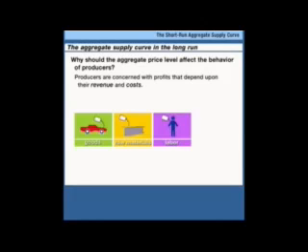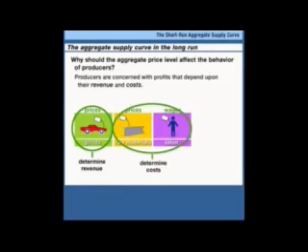Now, the price of your goods determines your revenue. If goods prices go up and sales remain constant, then revenue increases. The prices of raw materials and labor determine your costs. If the price of raw materials and labor rises, if wages go up and input prices rise, and your input quantities remain constant, then your costs are going to go up.